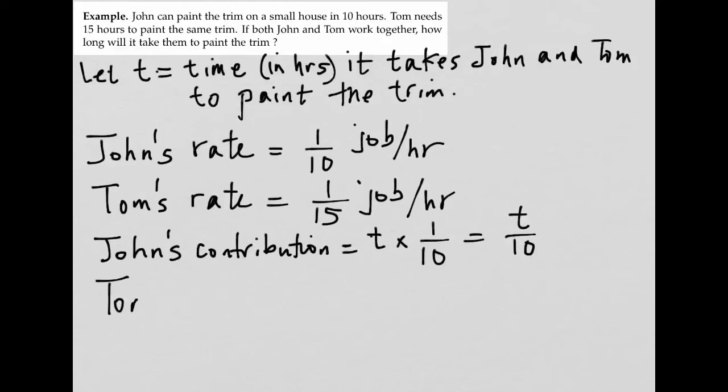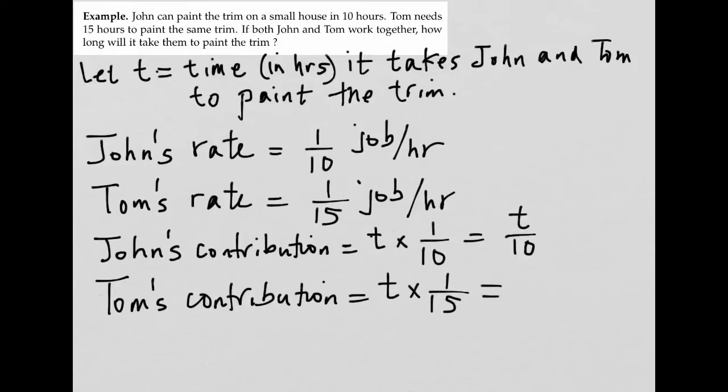And Tom's contribution when working together is the time spent times Tom's rate, which is 1/15. That is T/15. So that's John's fractional part of the job, and that's Tom's fractional part of the job. Together, these two fractional parts should add up to 1. In other words, they contribute to finishing the whole job.